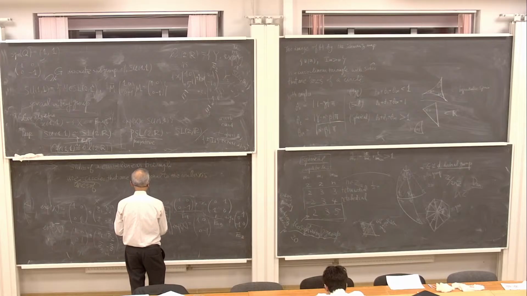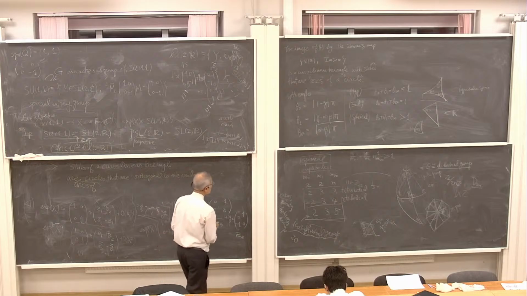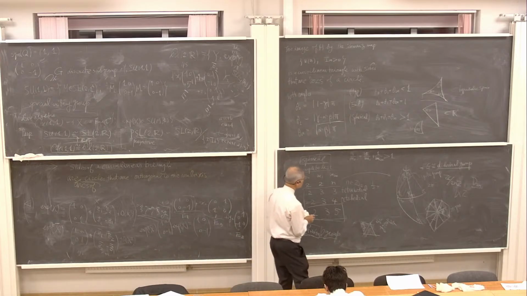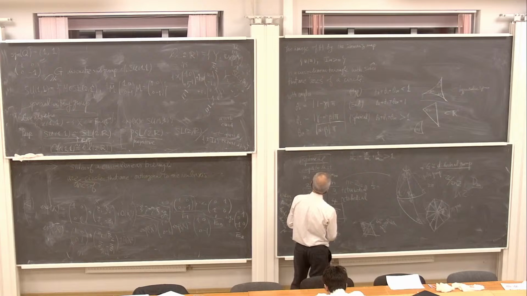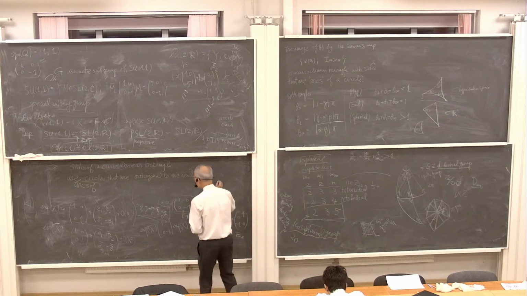So in hyperbolic geometry there are two very famous choices of representation of the upper half plane.